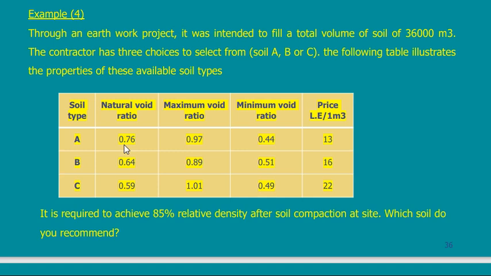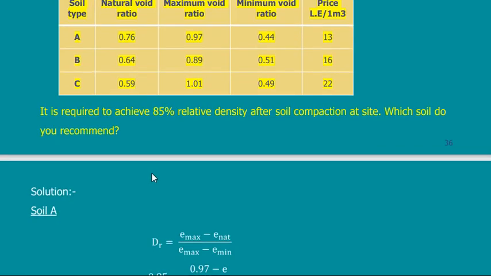36,000 meter cube. So I need to bring sand. I bring it either from place A or B or C. And I have the prices and I have the properties of it. Which is better? First of all, they said that in my site I need to compact the sand to be 85% relative density. It means that I need to compact it 85%.